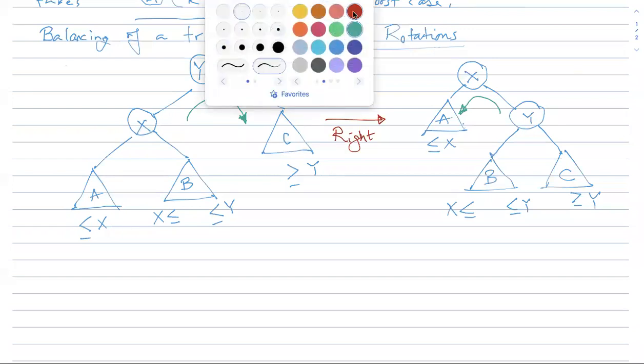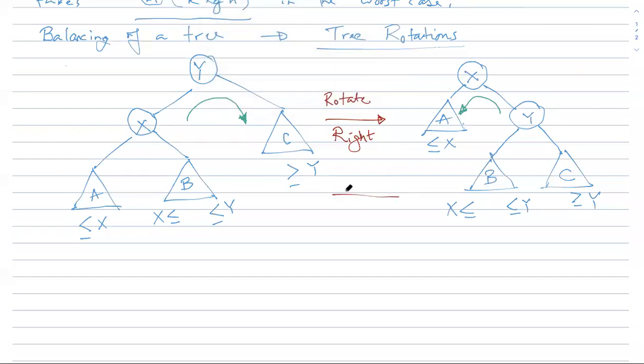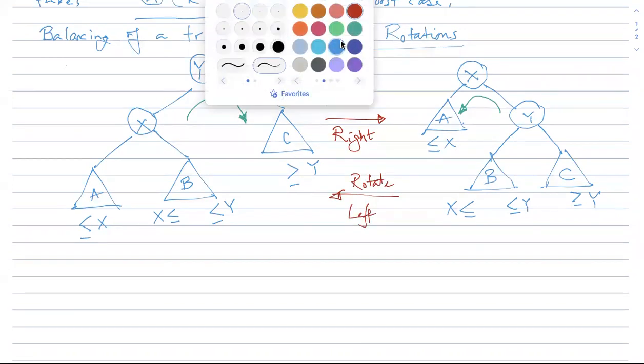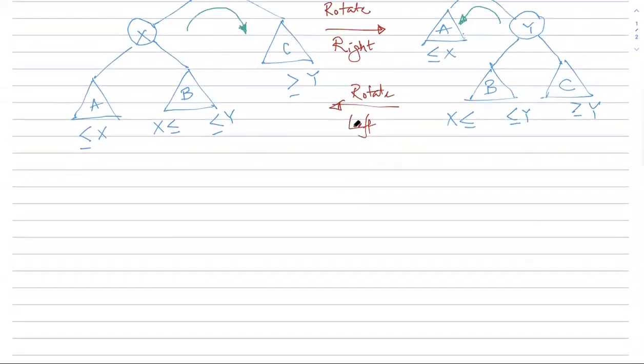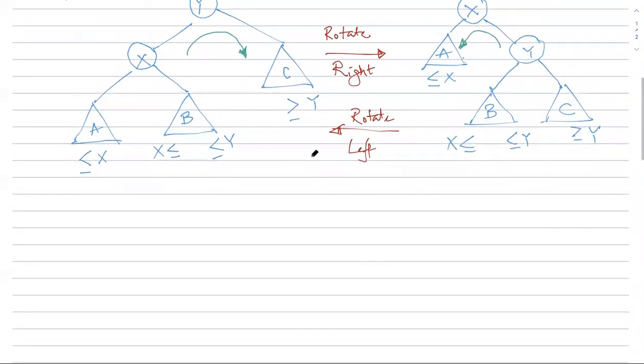So from here, when you rotate left, you obtain this tree on the left hand side. So this is the basic rotation that we are going to use in coming up with the different rotation strategies for the splay trees.